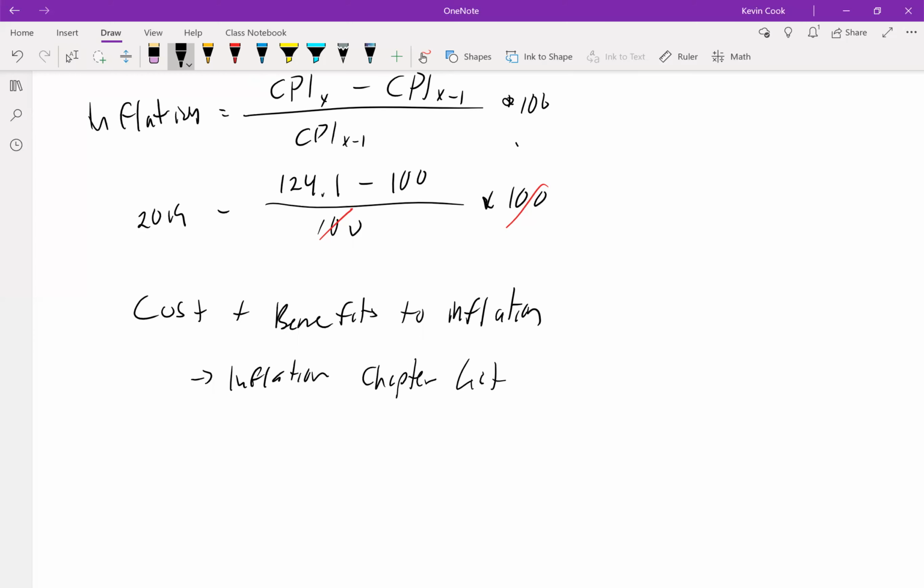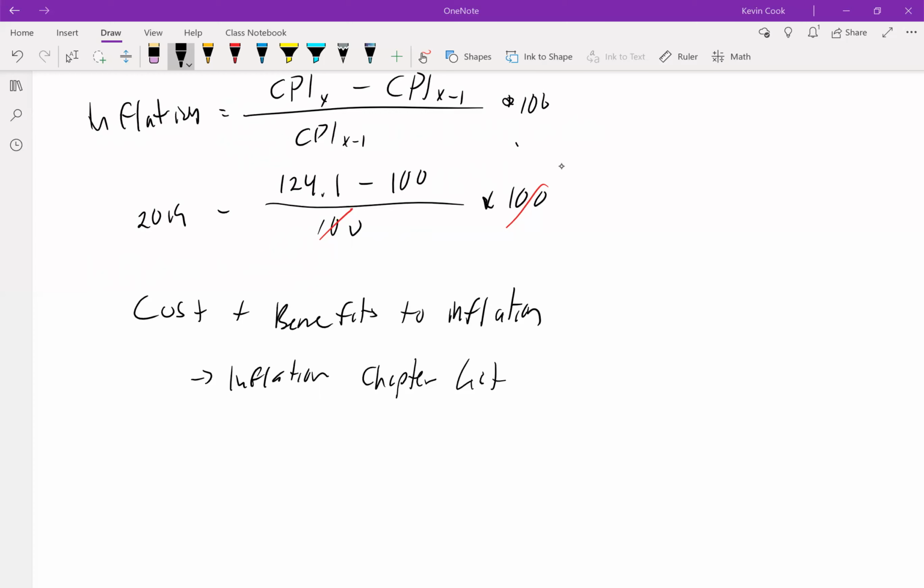If I buy a $100,000 house and there's inflation, maybe tomorrow it's worth $400,000. Probably it would never be that drastic, but something like that could potentially happen. So just be comfortable with how inflation works.